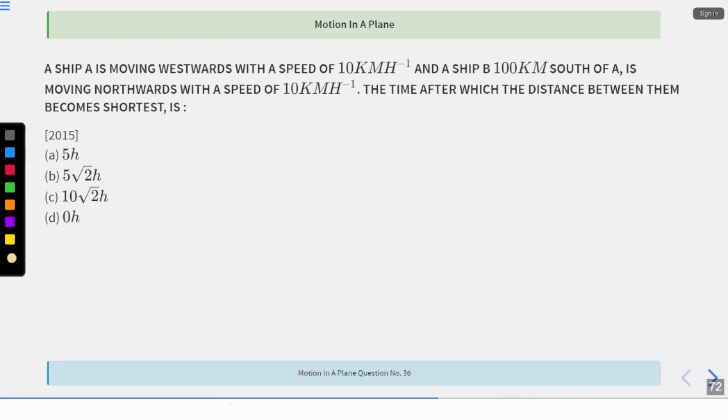So let's move on to the next question. The next question states that a ship A is moving westwards with a speed of 10 kilometers per hour, and a ship B, 100 kilometers south of A, is moving northwards.